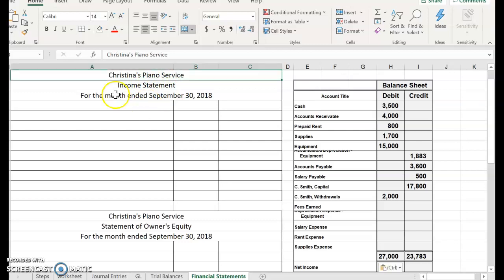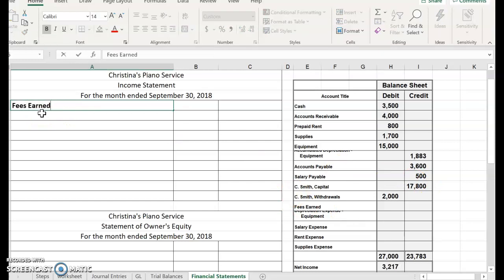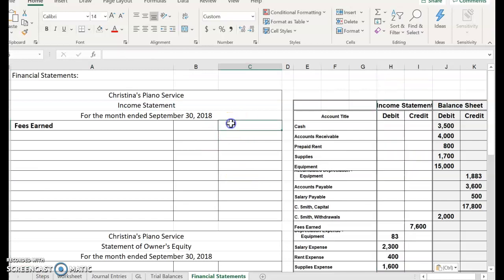And then the third line is showing that this is for a range, the entire month of September. The first part of the income statement lists your revenues, and the name of our revenue account is fees earned. And then the adjusted balance of fees earned is $7,600.